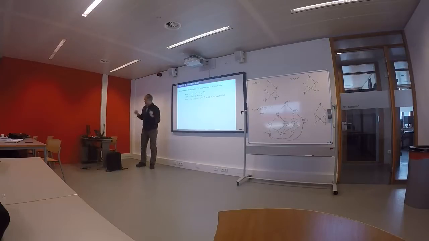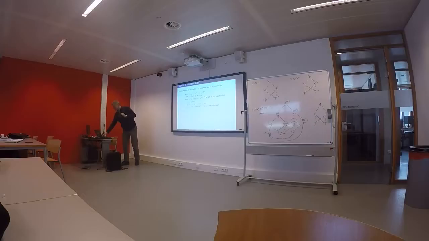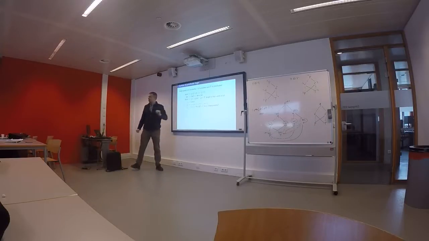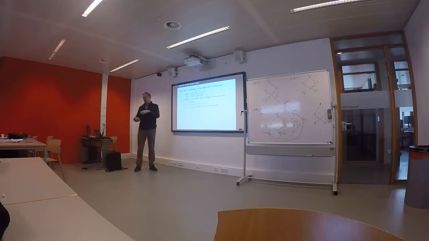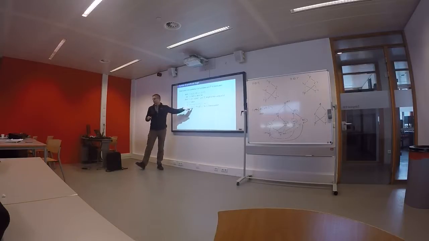On top of those atoms, I can build the formulas in the following ways. An atom itself is already a formula, just like a proposition was already a formula. Or I can apply an operator, like the operators we've seen before, binary or negation. Or, and this is new, I can quantify over variables.